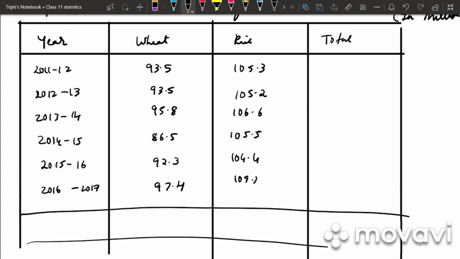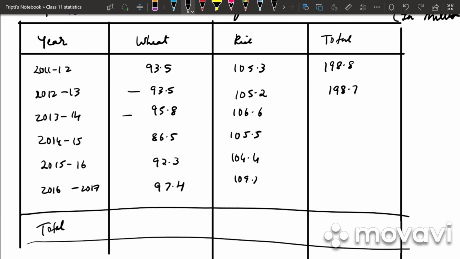And our last column would be total. So 93.5 plus 105.3. How much is it? 198.8. Then we have 93.5 plus 105.2, 198.7.